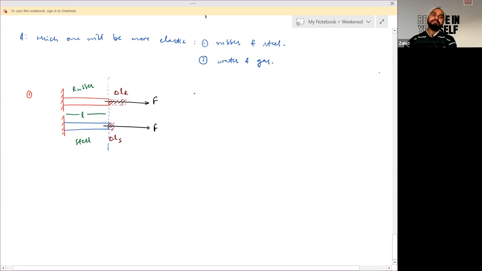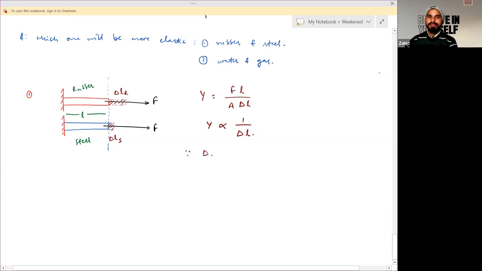Young's modulus is equal to force times length divided by area of cross section into delta L, which means Young's modulus is inversely proportional to delta L. So the smaller the deformation in that particular object, the more Young's modulus it has, and Young's modulus defines the elasticity of that object.